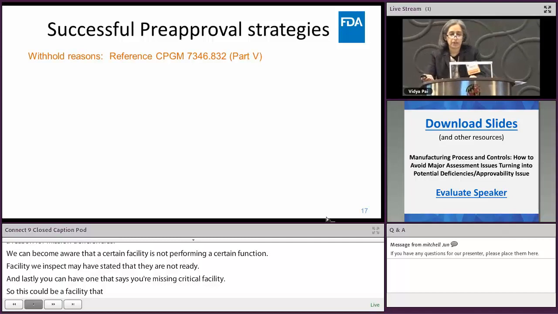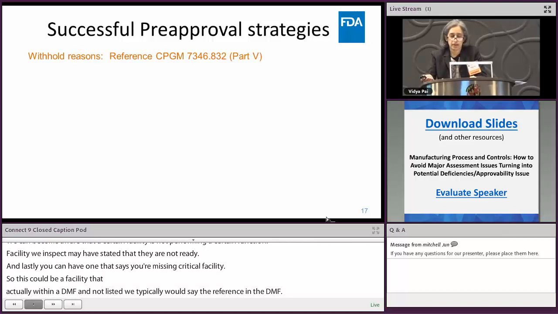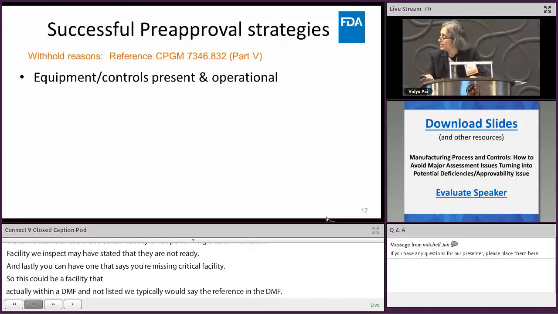So as I pointed out earlier, pre-approval inspections really are a cornerstone for application approval for high-risk applications. And so there are reasons why a pre-approval inspection may result in a withhold.